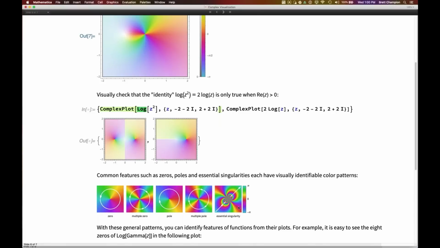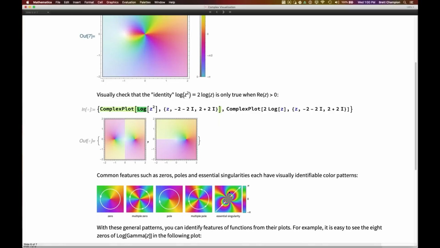And then essential singularities, you end up with this infinite cycling through a point. And so we have red, orange, yellow, red, orange, yellow, and we go through the essential singularity, and then we come back out still going red, orange, yellow.